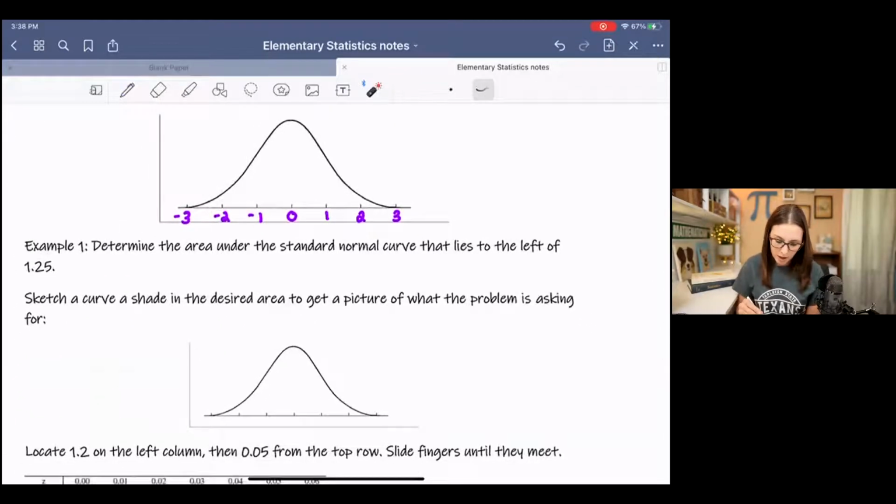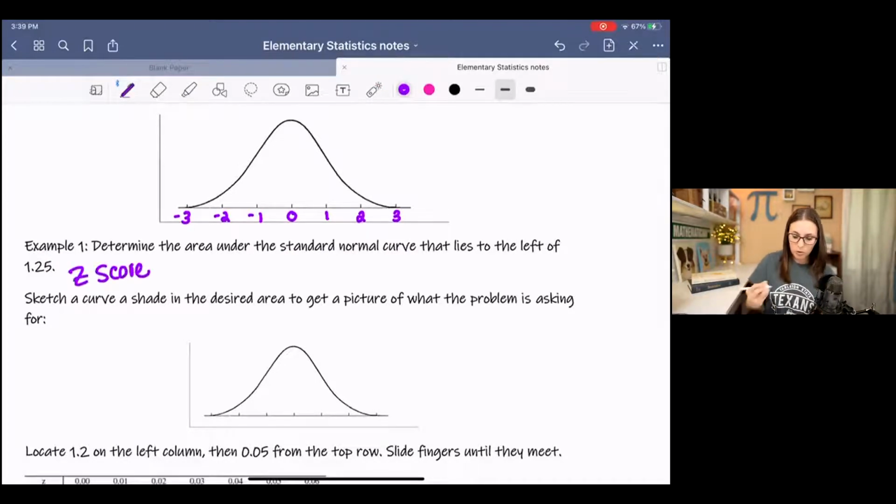Determine the area under the standard normal curve that lies to the left of 1.25. Since it says standard normal curve, 1.25 is a z-score. And we're looking for the area to the left, which thankfully is the area that's given in our tables. One of the things that can really help you visualize what you're looking for is to just sketch a picture.